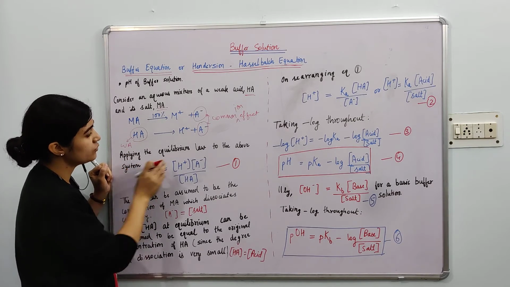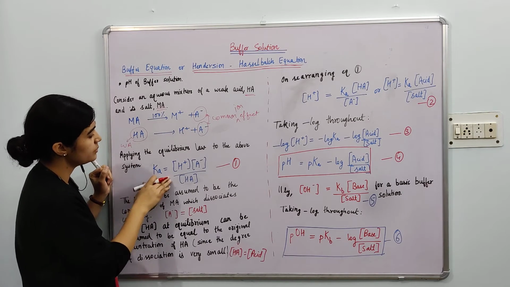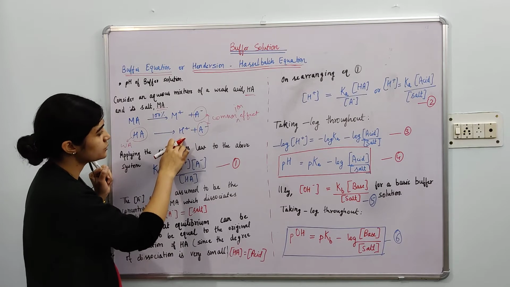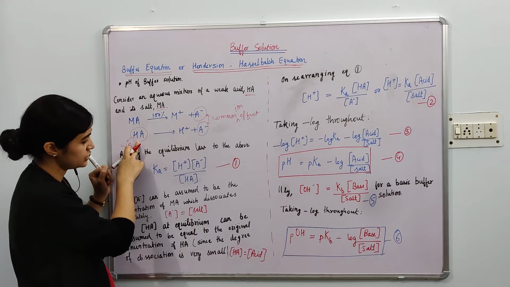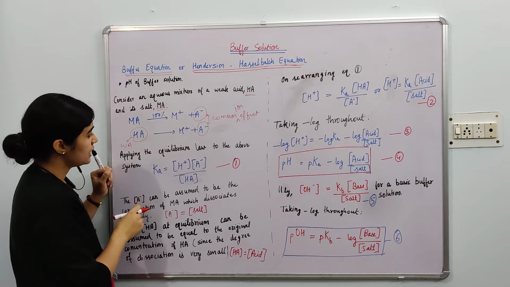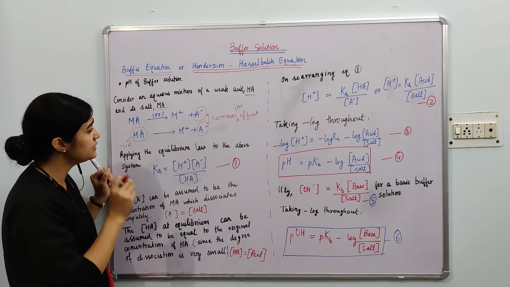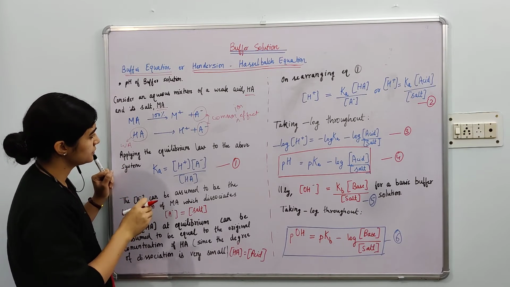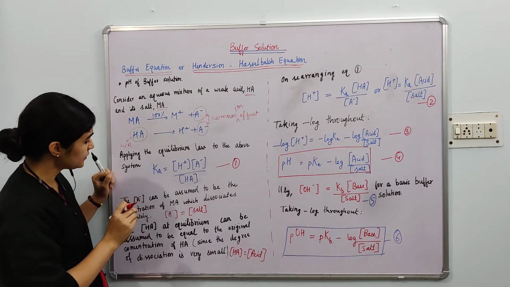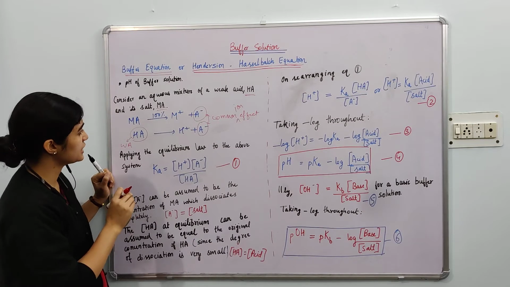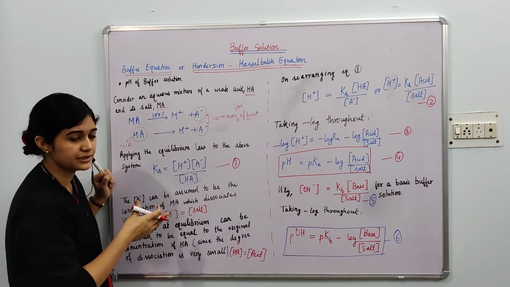So if you apply the equilibrium law here, what will be the Ka? Acid dissociation constant will be equal to concentration of H positive into concentration of A negative divided by concentration of HA. And since the dissociation of HA is to a very small extent, we can say that the concentration of HA is nothing but the initial concentration of acid you added.